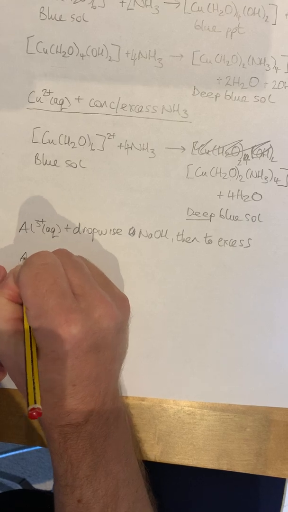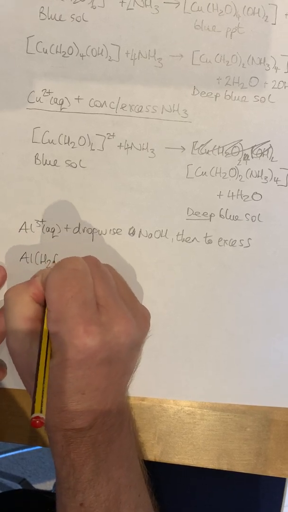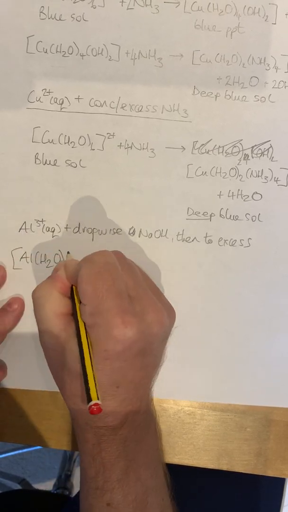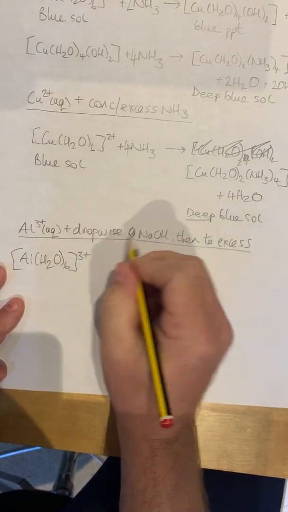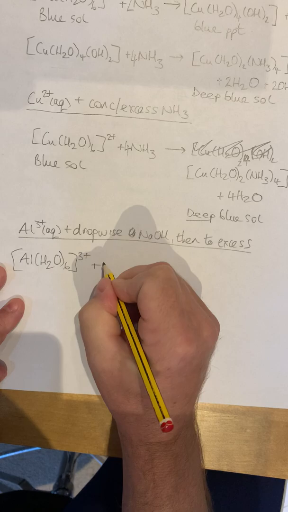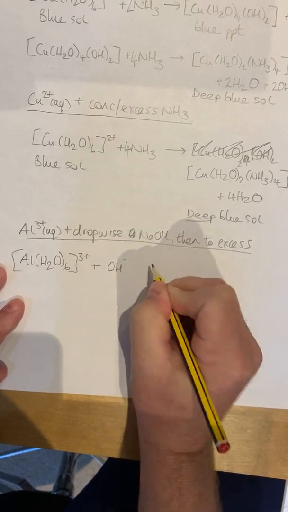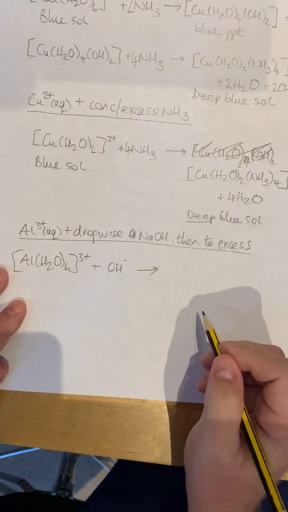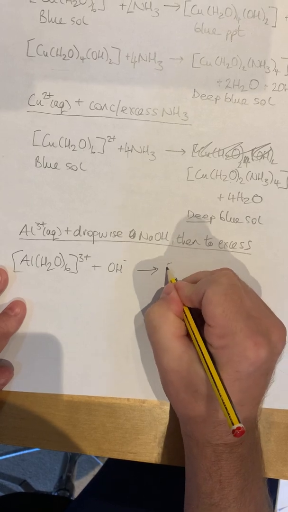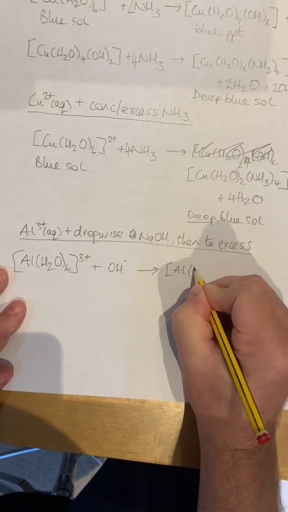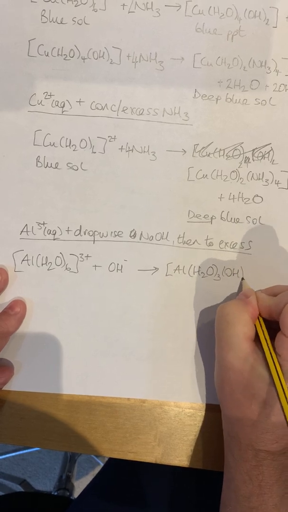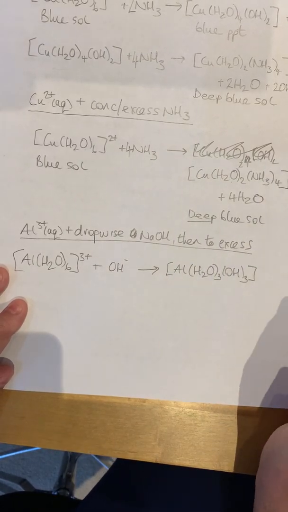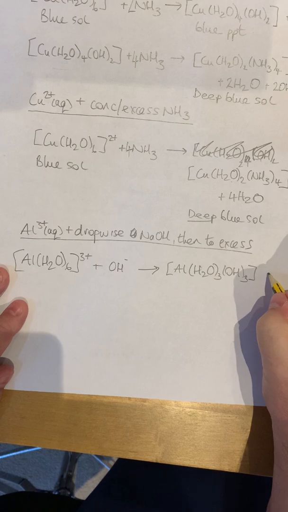So start off with aluminium. We're going to add sodium hydroxide, so we'll omit the Na+ ions. Because that's a 3+ metal ion, when that forms the precipitate, it's a 3 and 3. 3 waters, 3 hydroxides.